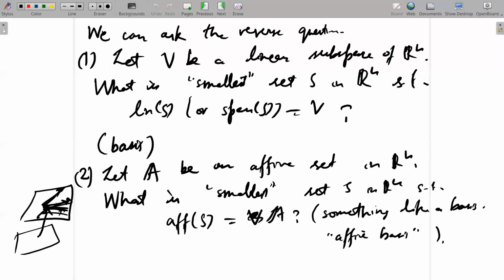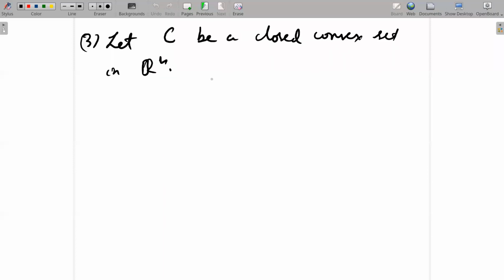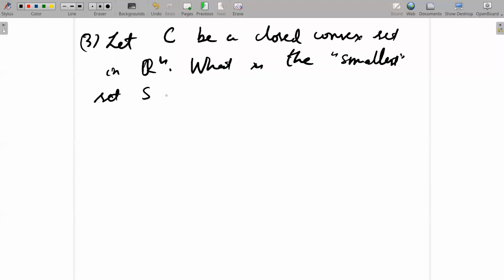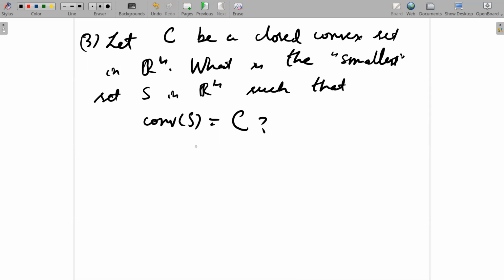Same question. What is the smallest set S in Rn such that the convex hull of S is equal to C? This is a result which we'll be doing.